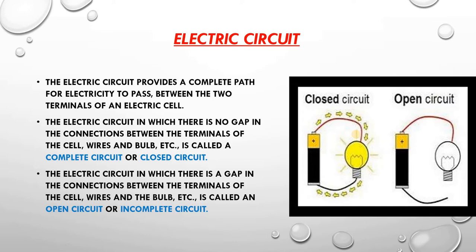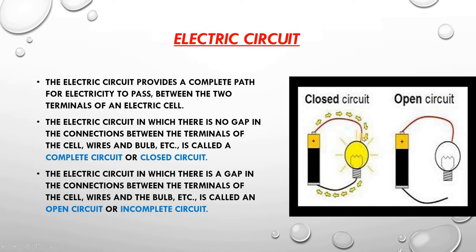Okay. So a bulb lights up when the circuit is complete or closed. So electricity flows through the complete circuit or closed circuit, right? So a closed circuit, here it is shown in this figure. So in a closed circuit, what happens? The electric current passes from one terminal of the cell, here you see, to the other through the connecting wires and bulb.